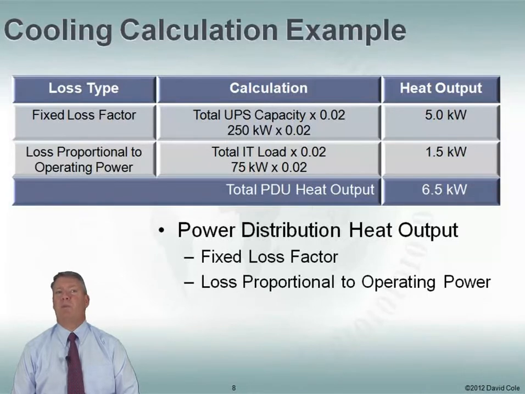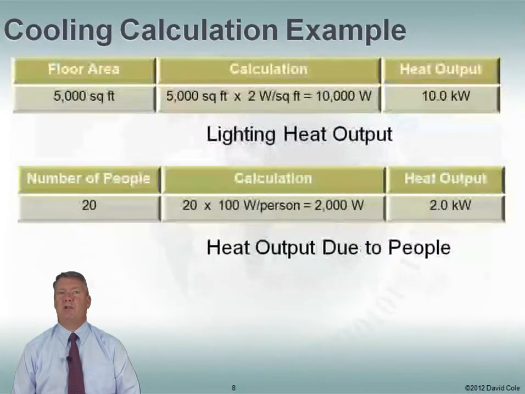And then for my loss proportional to operating power, I take my total IT load and multiply that by 0.02. So 75 kilowatts times 0.02 gives me 1.5 kilowatts. I add those up and I get 6.5 kilowatts. Again, if you have multiple UPSs, you would sum up all of your UPSs. So that's taking care of our UPS and our power distribution.